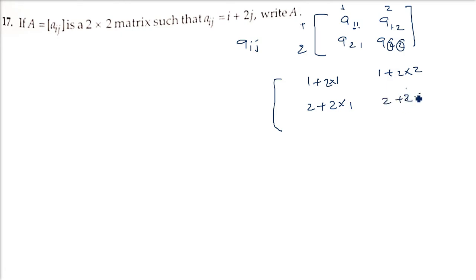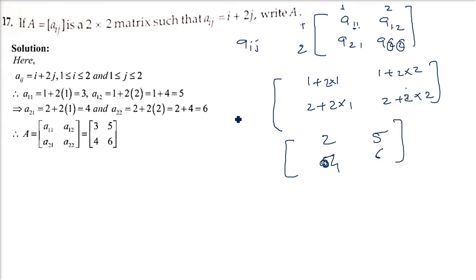So what do you get? See, 1 plus 2 is 3. 2 2s are 4, 4 plus 1 is 5. 2 plus 2 is 4, and 2 2s are 4, 4 plus 2 is 6. So the answer is 3, 5, 4, 6.